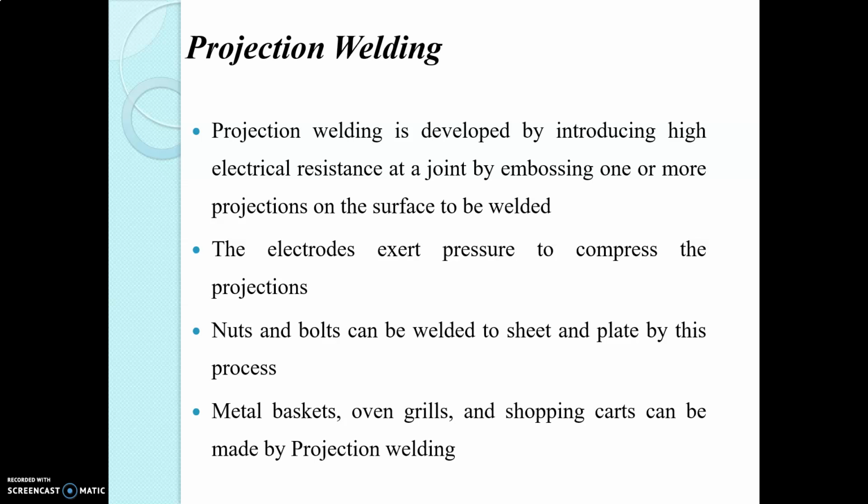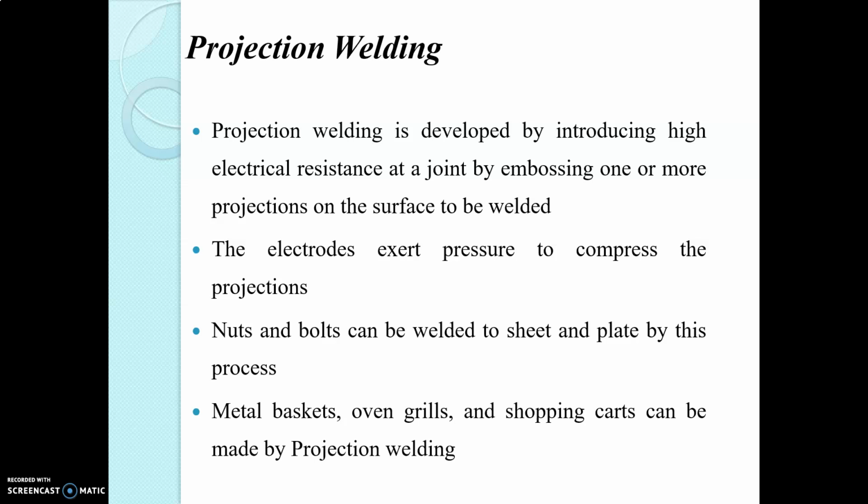Next type of electric resistance welding is projection welding. This is similar to spot welding, except that one of the metal pieces to be welded has projections on its surface at the points where the welds are to be made, and these projections should extend about 1 mm above the surface to be welded.